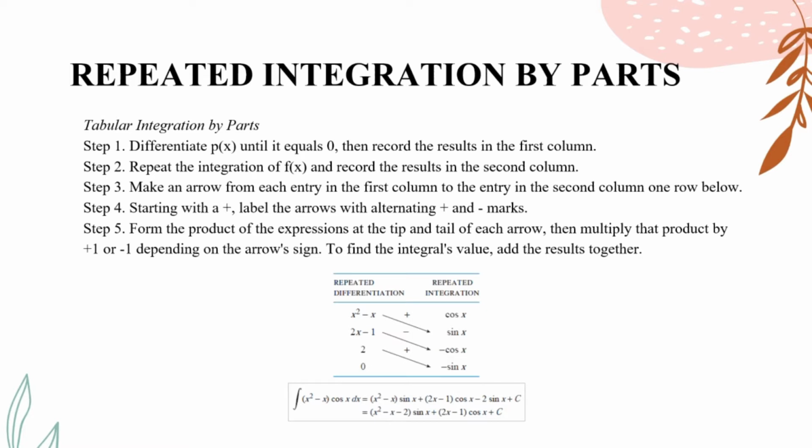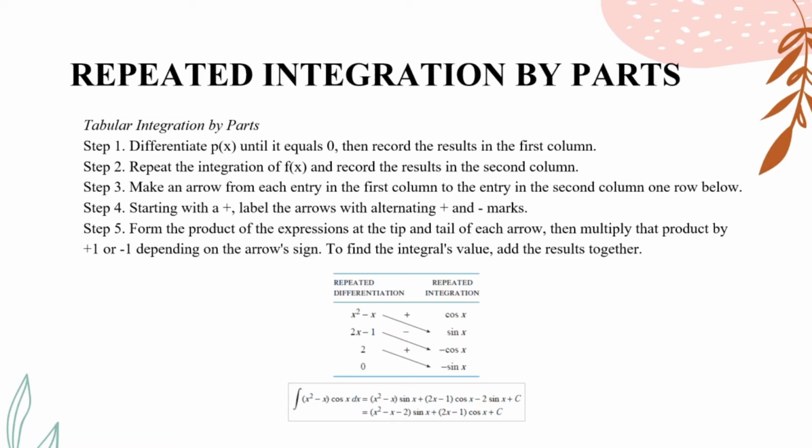Tabular integration by parts. Step 1. Differentiate p(x) until it equals 0, then record the result in the first column. Step 2. Repeat the integration of f(x) and record the result in the second column. Step 3. Make an arrow from each entry in the first column to the entry in the second column 1 row below.